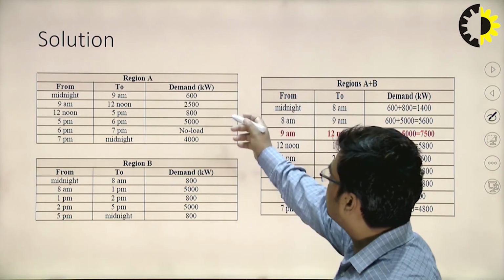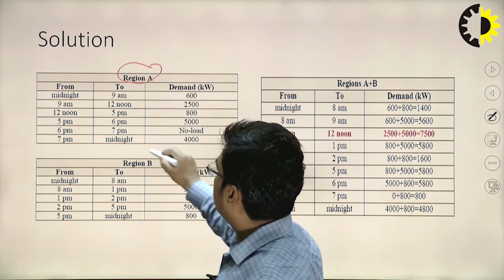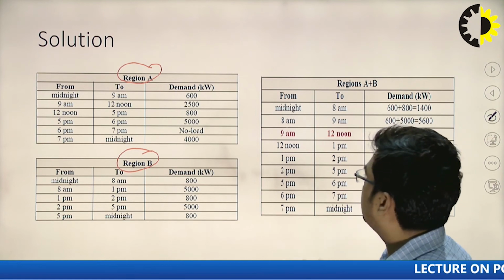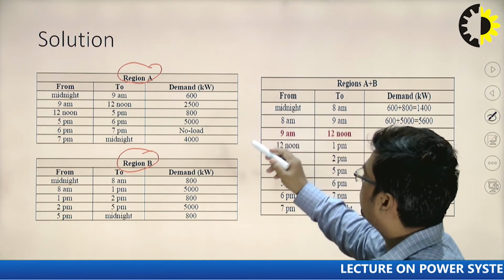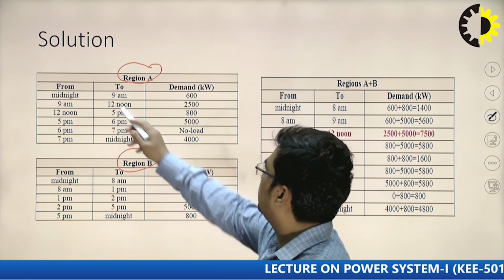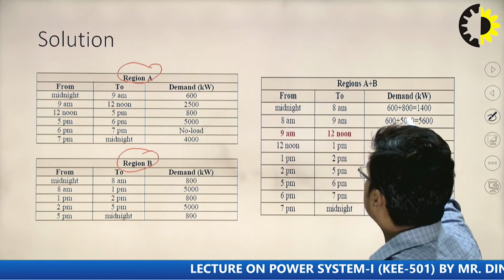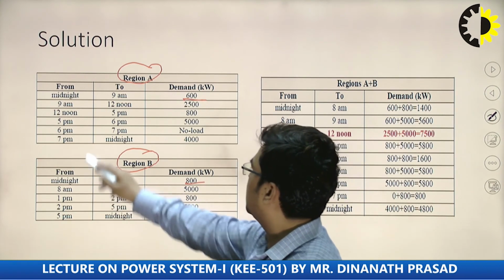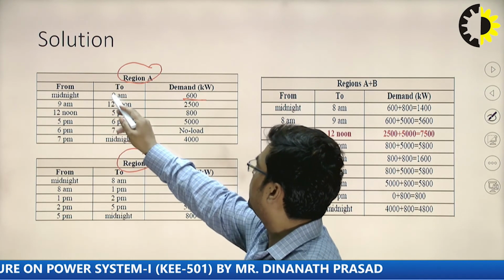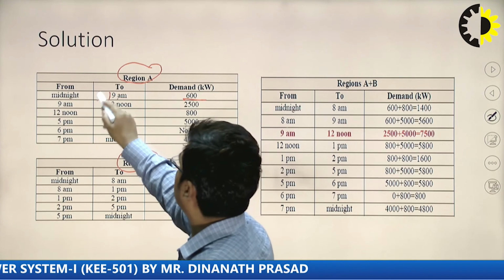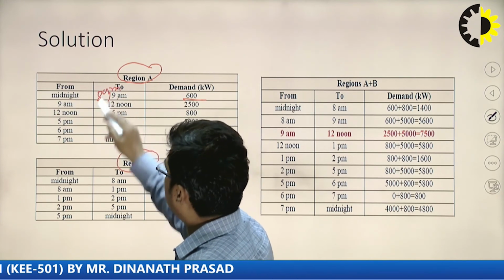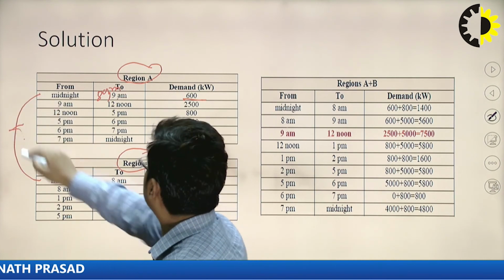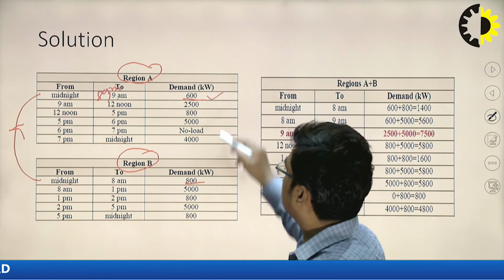So based upon these two regions, region A and region B, the supply is the same, so we can add them according to time sequence. From midnight to 8 AM, the load is constant from both regions, with capacities of 600 and 800.